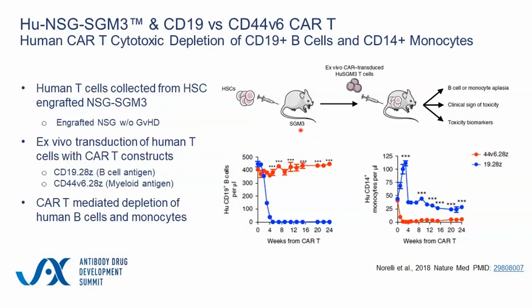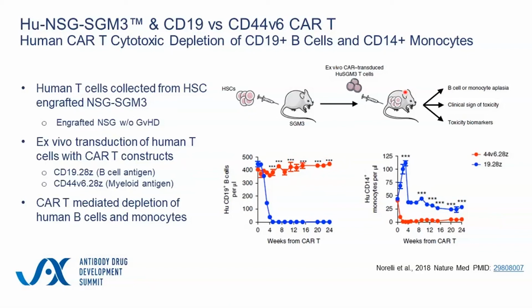So when you think about autologous CAR-T, they wanted to take these T cells out of HSC engrafted mice so that they could ex vivo transduce these T cells and put them back into CD34 engrafted mice, so that it was an autologous model in the context that the T cells are going back into these mice. They see the mice as self, and they don't have to worry about graft versus host disease.